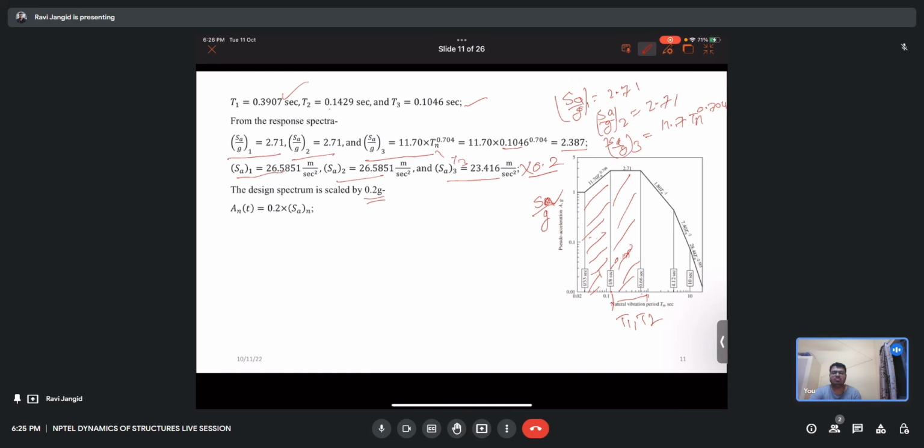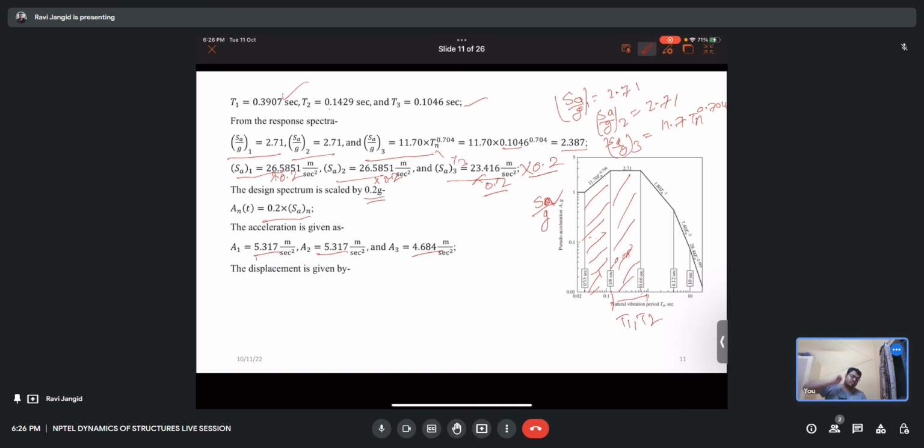So a_n becomes 0.2 times Sa_n. So the acceleration a1 is 5.317, a2 is 5.317, a3 is 4.684. Okay, so this is your acceleration.